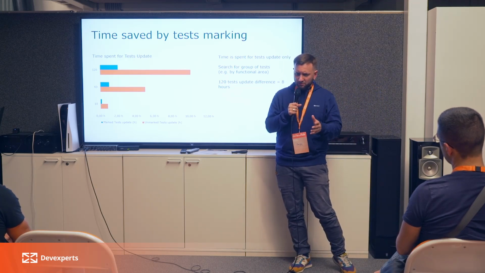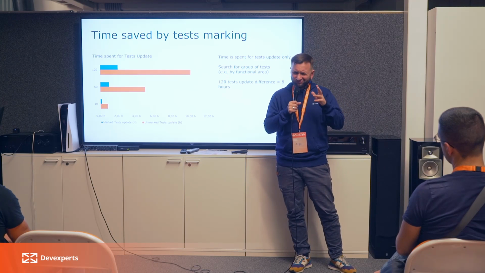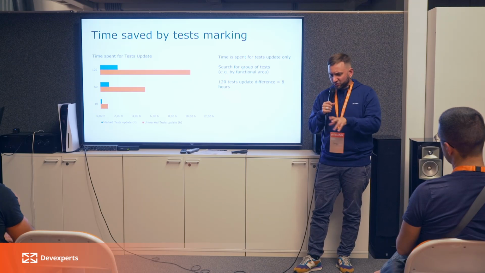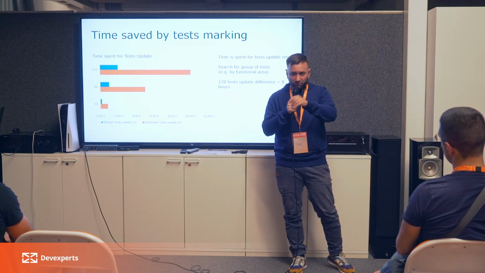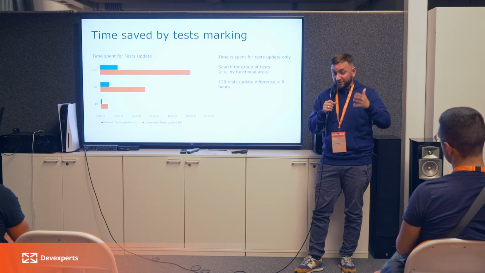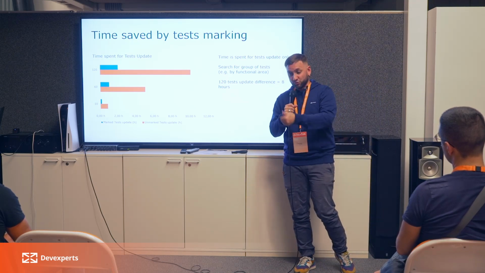So let's say it will take 1 minute just to find the tests you need. You set some search request, find this test, update the formula inside, something like that. Another test, another 100 tests, just find each one manually.